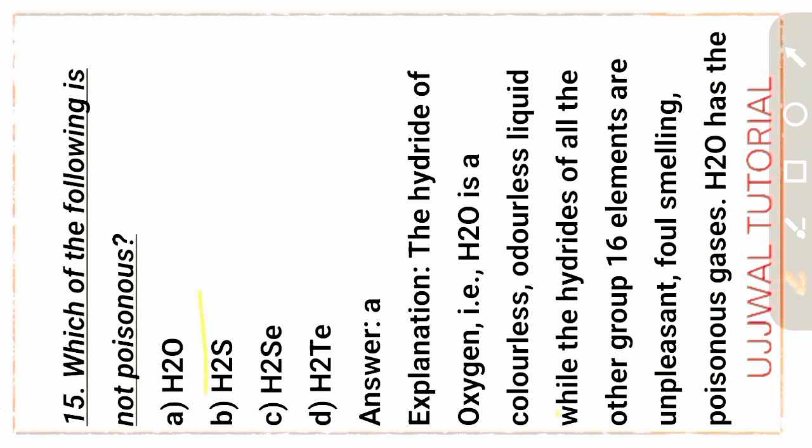To explain, the hydride of oxygen, that is H2O, is a colorless, odorless liquid, while the hydrides of all the other group 16 elements are unpleasant, foul smelling, poisonous gases.